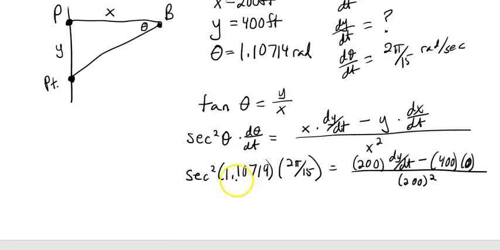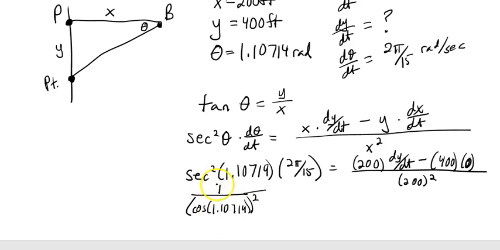Now, if you have this in your calculator and this happens to be the last thing that you typed in to get this 1.107, you can just do 1 over the cosine of that, squared, and use second answer so it pulls the entire decimal, and that will be the best way to get the most correct answer.